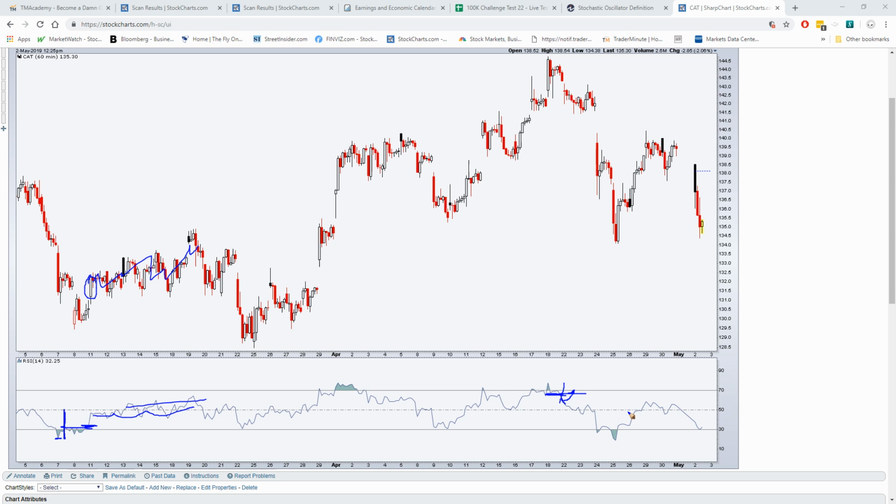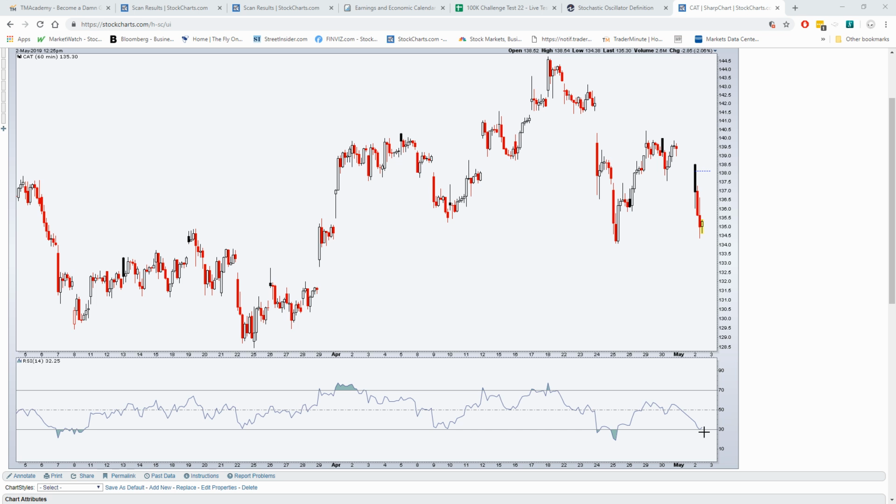Now, I do like the RSI failure swings for entries. I absolutely hate the RSI for exits. Anything exit related, I think the RSI is absolutely worthless. And I wouldn't even consider an RSI reading to suggest an exit point for me on any trade, anytime. It just isn't something that I care to use.